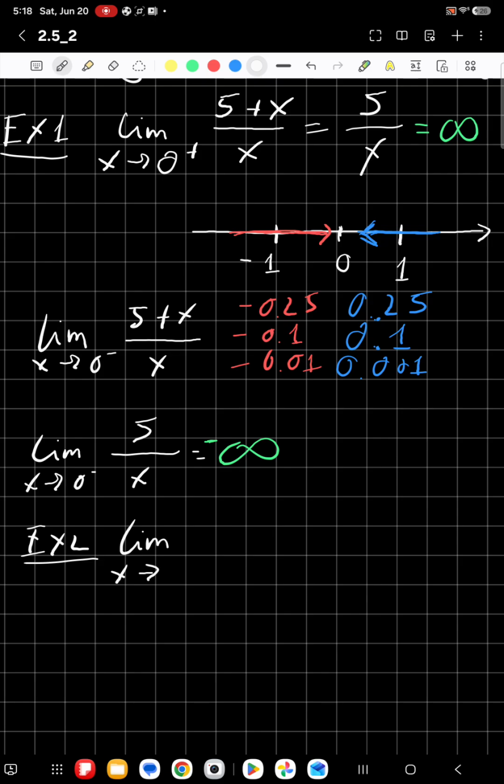I'm approaching negative 2 from the left. Here I have negative 6 over x, x plus 2.